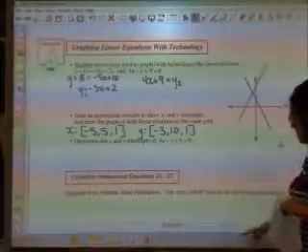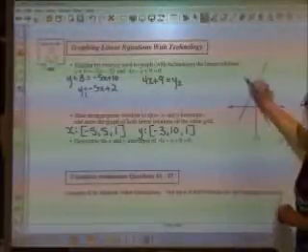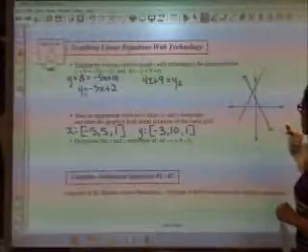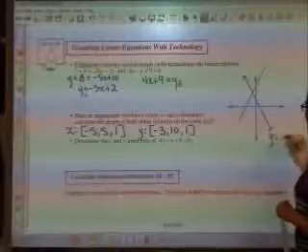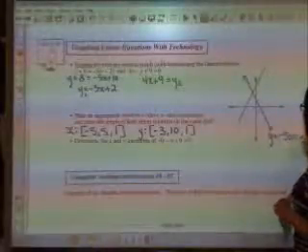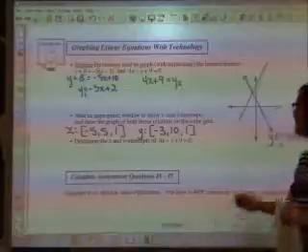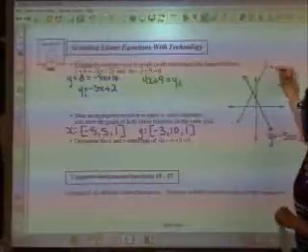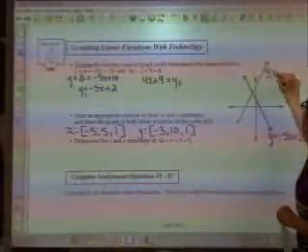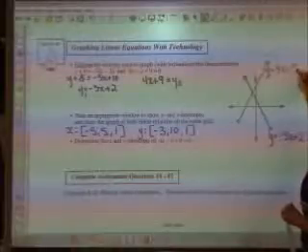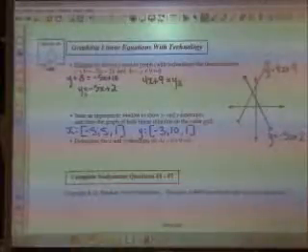And what I would want to do is I'd want to label each of these lines. So the line that I have in blue, that's the one that I would label negative 5x plus 2. And the line that I have in green, I would label as 4x plus 9.